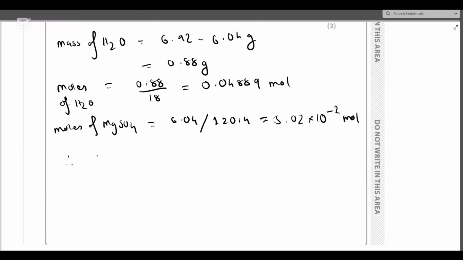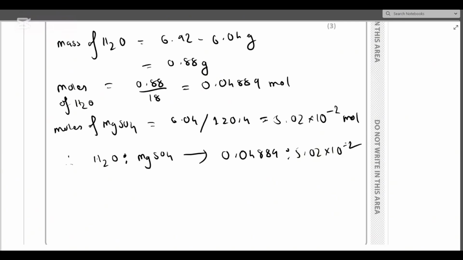So we can just write it down as, of course, H2O to MgSO4. So if you do the math down here, you just divide it off. You have 0.04889 to 5.02 times 10 to the power minus 2.